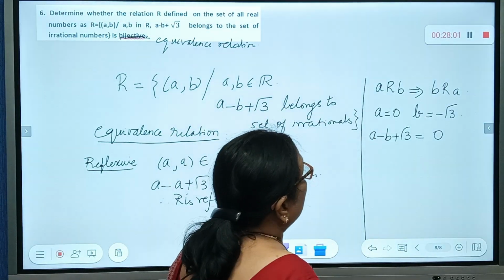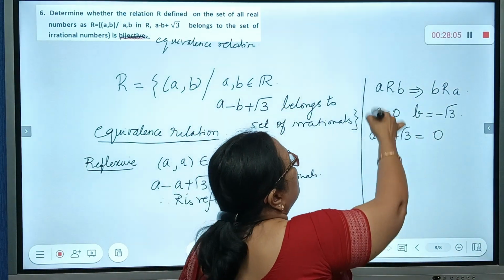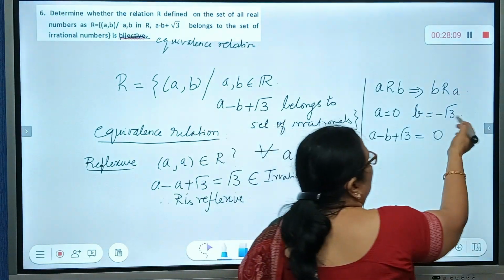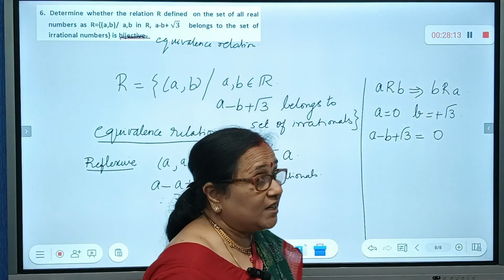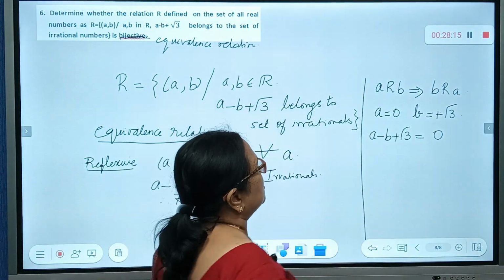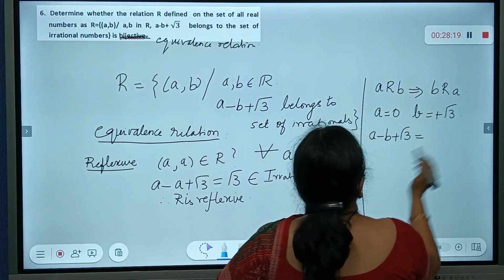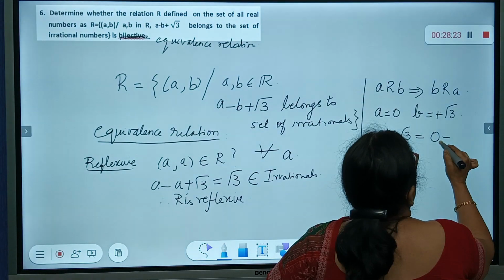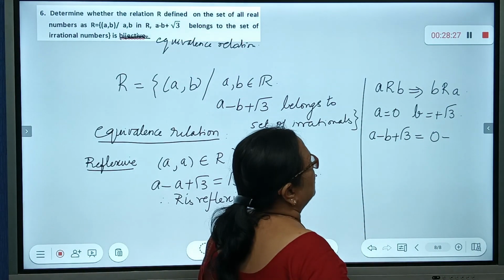So, I actually want a to be related to b and then I want to say b is not related to a. So, I am going to make a change. I am going to take b as plus root 3 now. That didn't work. Then what will be a minus b plus root 3? a is 0, b is root 3, so minus b will be minus root 3.